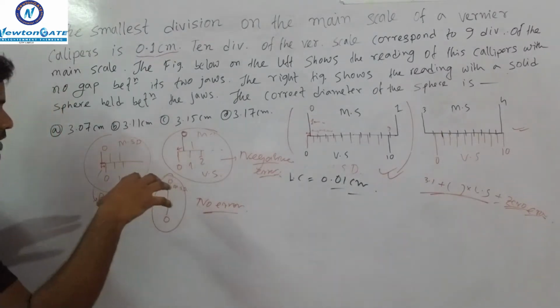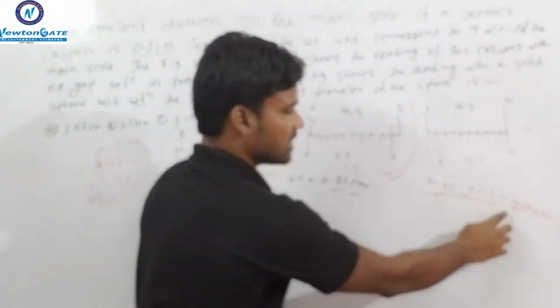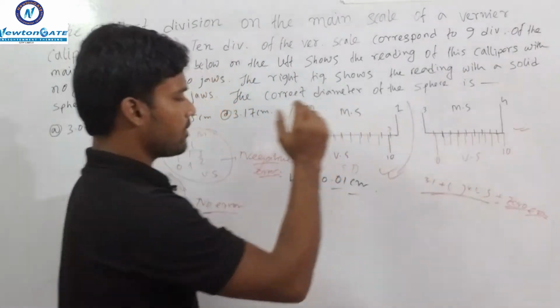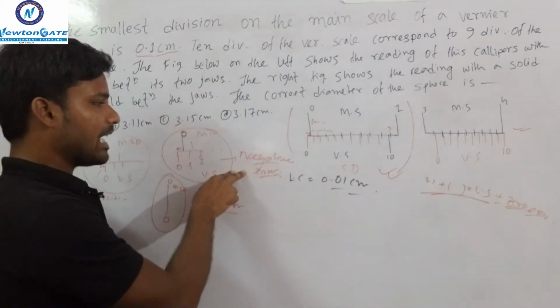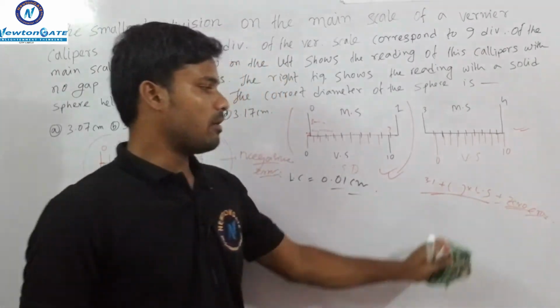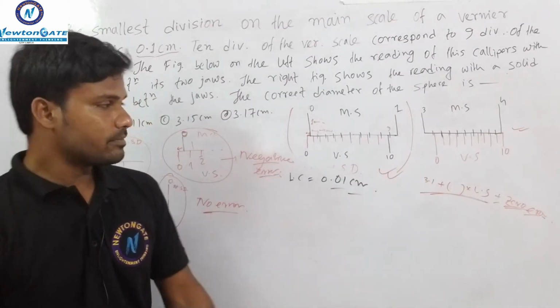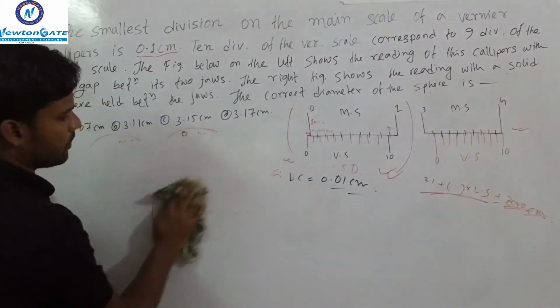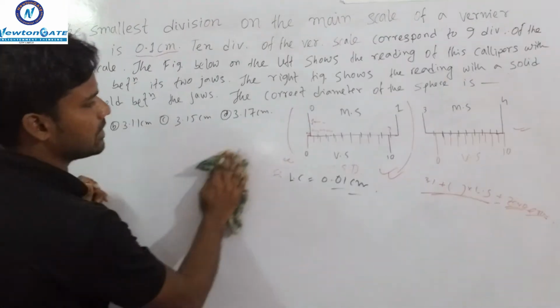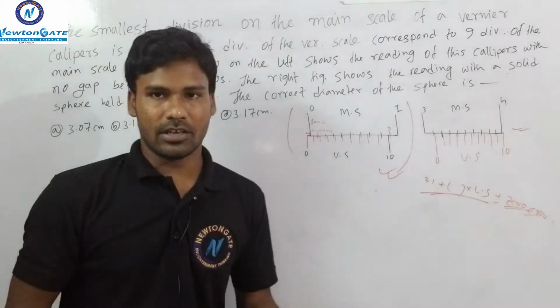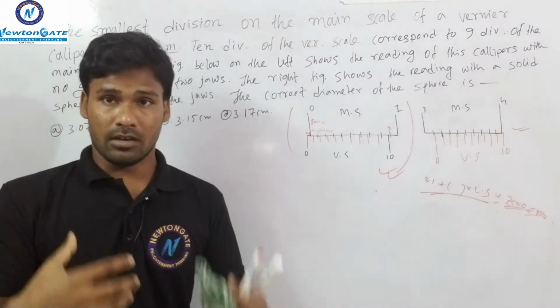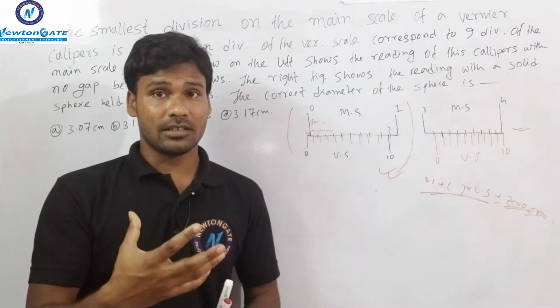And whenever we get positive error, we subtract it from the main scale reading, and whenever we get negative error, we add it to the main scale reading. Clear? Okay. And why is it subtracted? Why is it added? That is the theoretical part. You can just join our theory classes. We'll discuss in a better way.